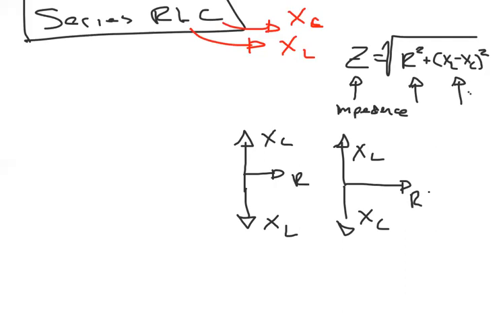Because if you're looking at the system at a certain point where the reactance is increasing in the capacitor and the reactance is decreasing in the inductor, which would be where the current is either increasing or decreasing, then you have to draw them appropriately.